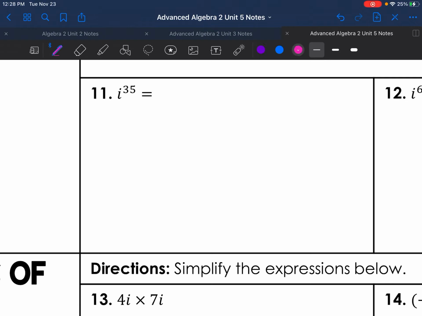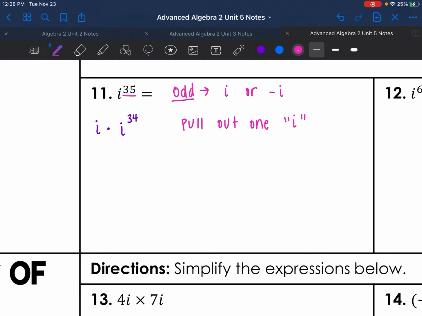So when you have an odd exponent, your answer is going to be i or -i, because we pull out an i in the beginning. So if it's odd, we pull out one of the i's, and that leaves us with i to the 34th. So we're going to pull out one i.